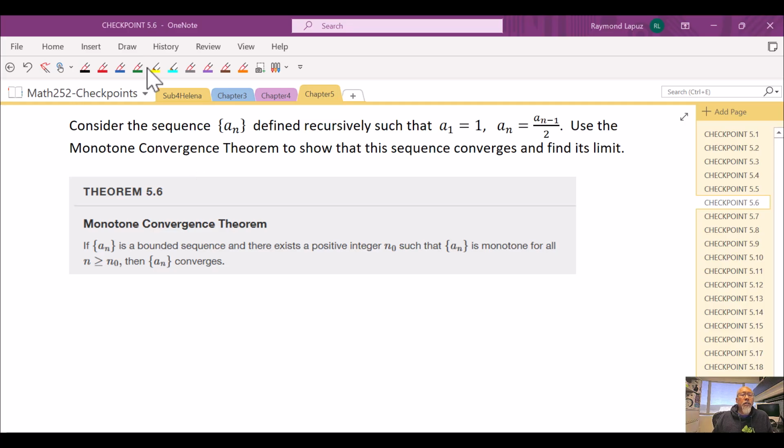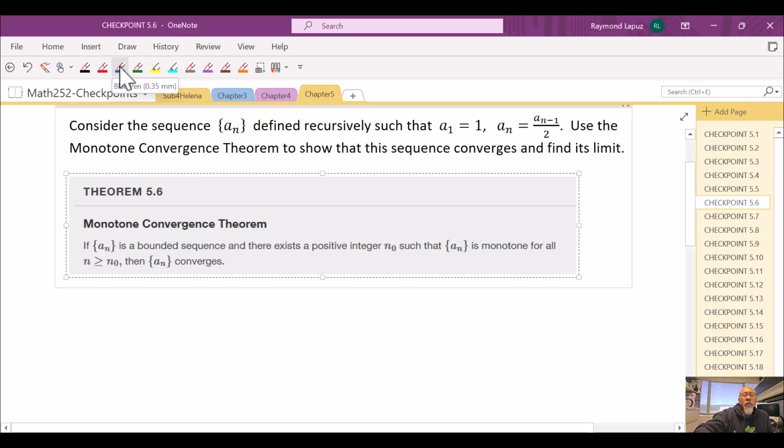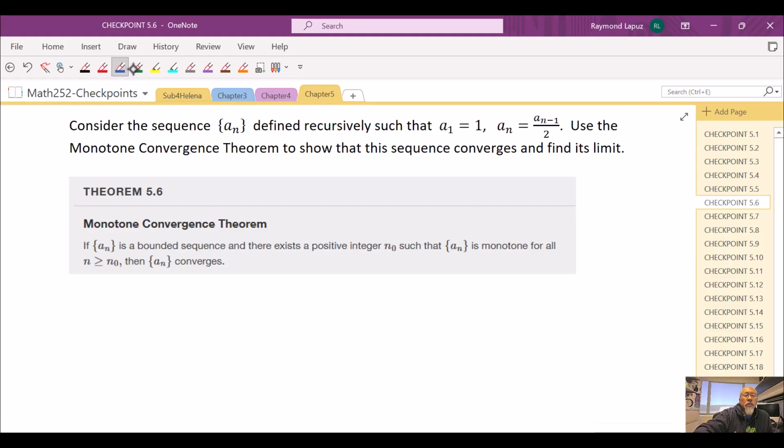All right, it might be good to gather some information first and try to figure out what this particular sequence looks like. A sub 1 is equal to 1, so we start off with 1, and then a sub 2 is going to be a sub n minus 1, that previous number divided by 2, so this is going to be 1/2.